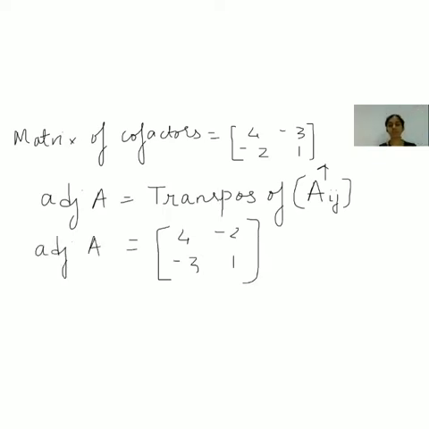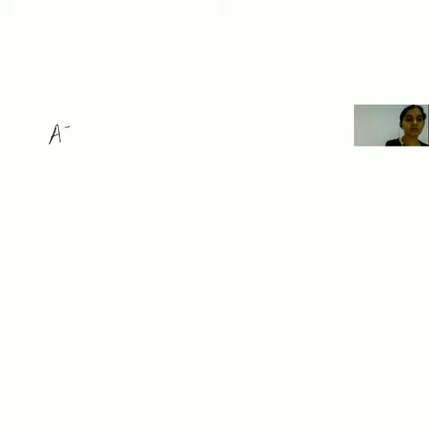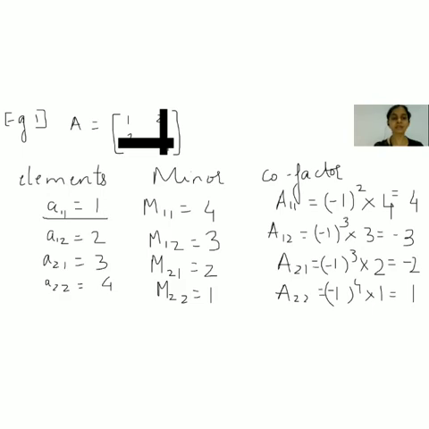Last step is to find the inverse. Okay, so A inverse is equal to 1 upon determinant of A, multiplied by adjoint of A. Now, one step we skipped, or we can say we forgot, is to find the determinant and check whether the inverse exists, right?